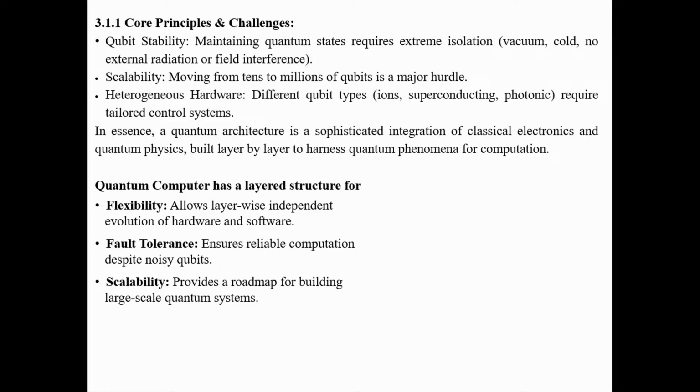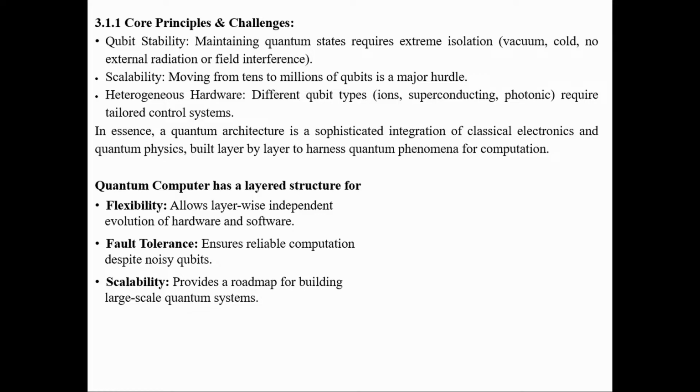So we have to ensure all these things, and that is why it is a layered structure. Flexibility: it allows layer-wise independent evolution of hardware and software, and fault tolerance, that is, it ensures reliable computation despite noisy qubits.